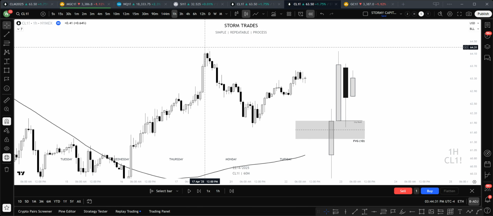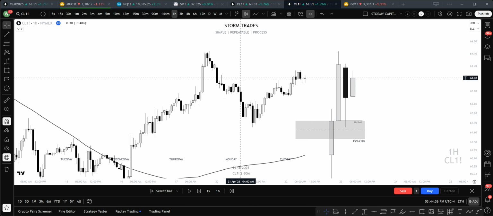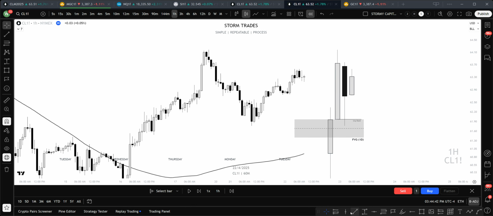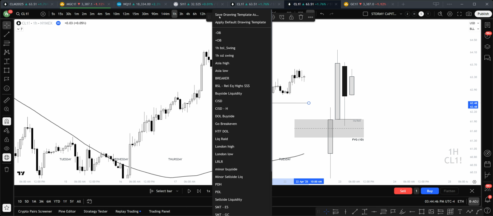Well, we've got higher highs and lower lows, lower highs, lower lows, lower highs, lower lows, and then right here is when we have a change in the state of delivery and we start going the other way.